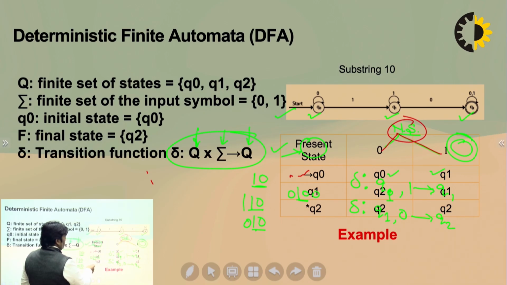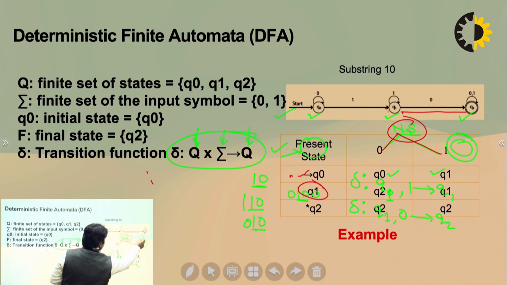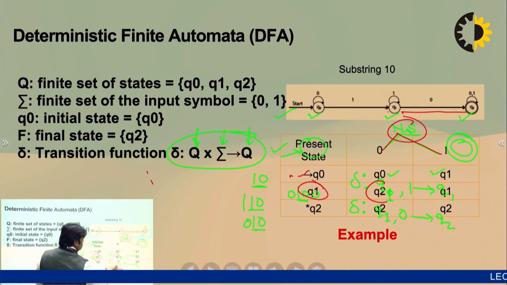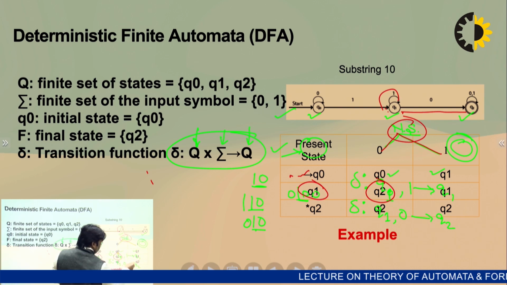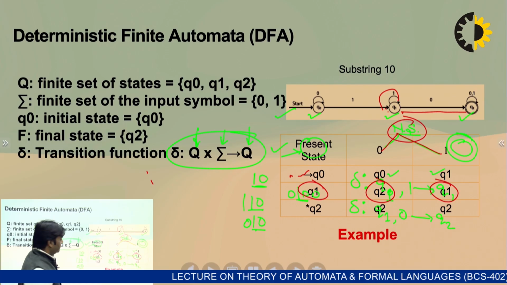Similarly, when the current state is Q1 and the input symbol is 0, we move to Q2, so write Q2 here. When the input symbol is 1, the next state will be Q1.